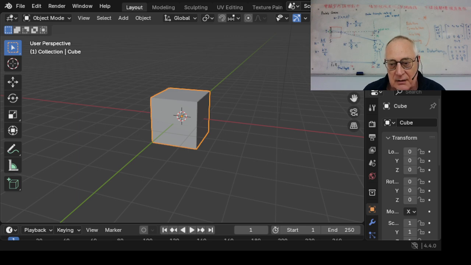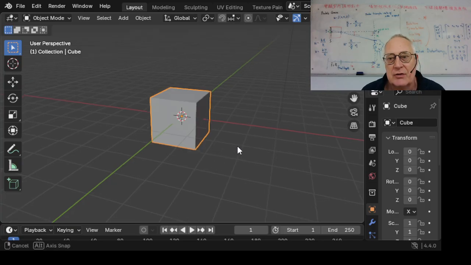There's no legal issues. Once you start it up, you'll get a screen similar to this.